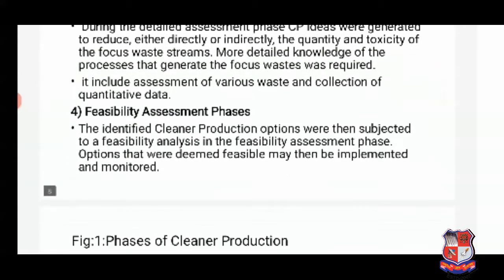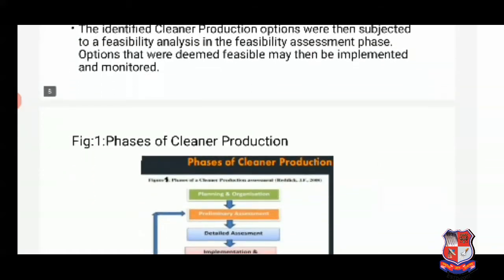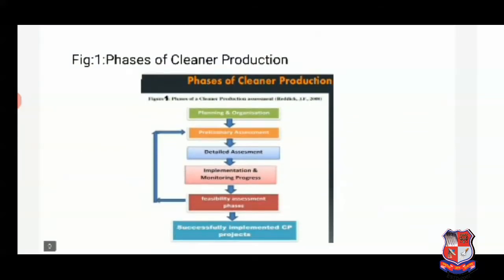The fourth phase is the feasibility assessment phase. In this phase, the identified cleaner production options are subjected to feasibility analysis. In the feasibility assessment phase, options that are deemed feasible may then be implemented and monitored. Let's see the figure of the phases of cleaner production.